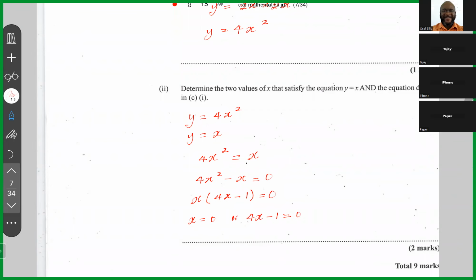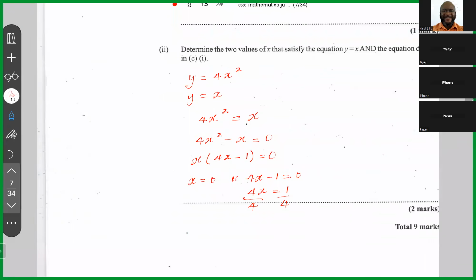Here, 4x is equal to 1. If I divide both sides by 4, I'm going to get that x is equal to 0, or x is equal to 1 over 4 are the values of x that satisfy both equations simultaneously.